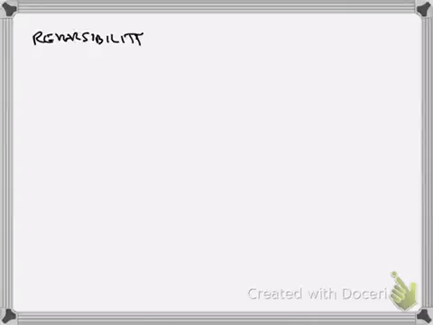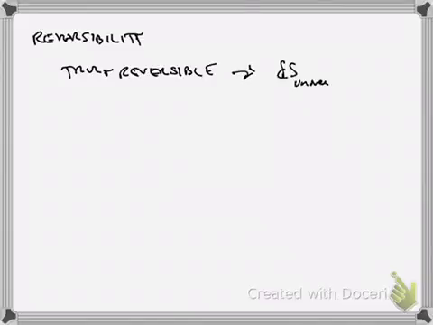Continuing, I want to say a few words about reversibility. So clearly a truly reversible process is one where the entropy change of the universe is zero, right? That's one where you can completely run something forward and backward, and there's no entropy change whatsoever.